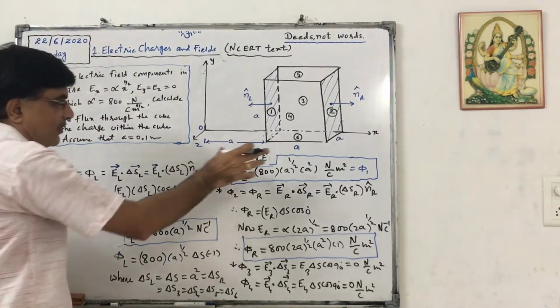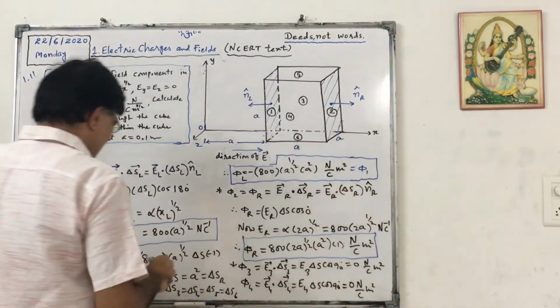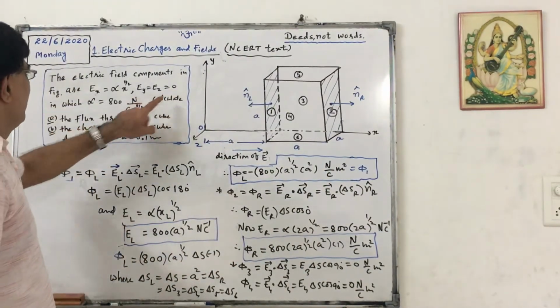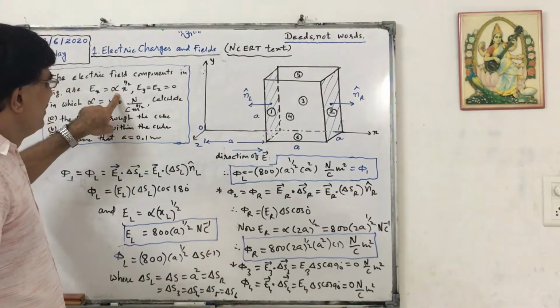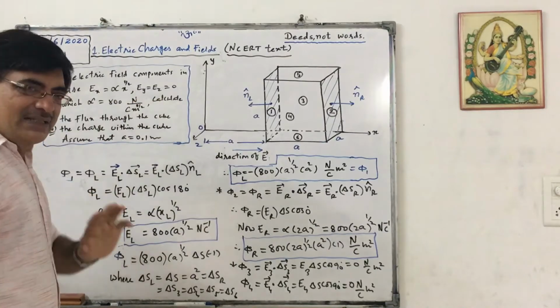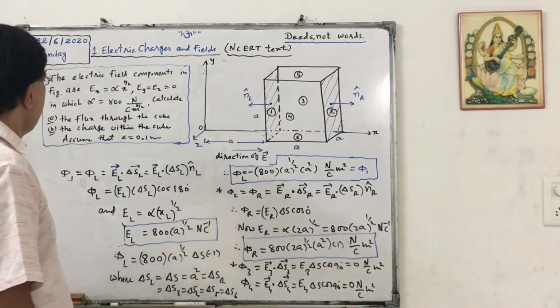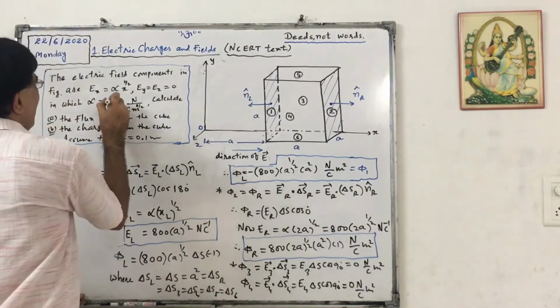Assume that the side of the cube is 0.1 meter. This is the data. Let us understand the data first. This electric field has only the x component non-zero. Y and z components are zero. That means the electric field is in this direction. Alpha is given as 800.